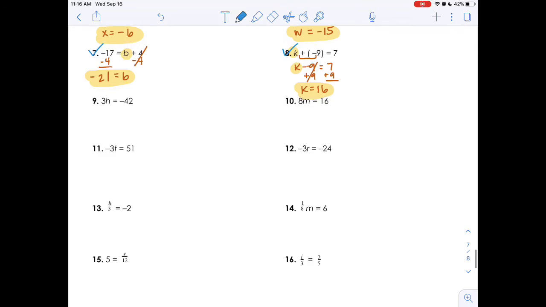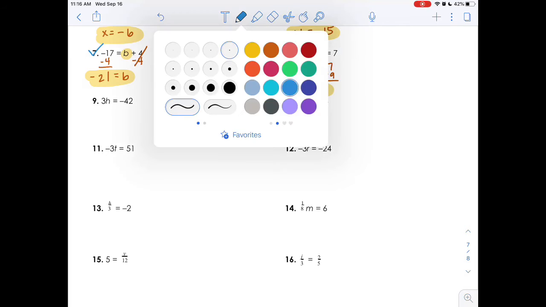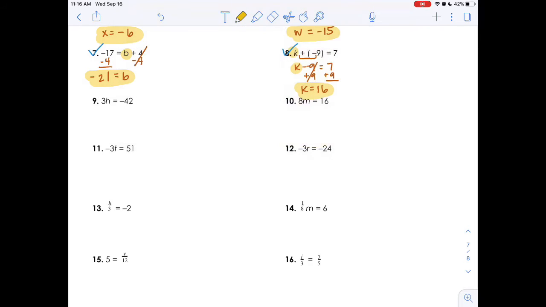Moving on to 9, I have 3h equals negative 42. Now we're dealing with different operations. My variable here is h, but 3h means I'm multiplying 3 times h. So in order to get rid of or undo multiplication, I'm going to use division. 3 divided by 3 gives me a 1, and then I still have my h, which can just be written as h.